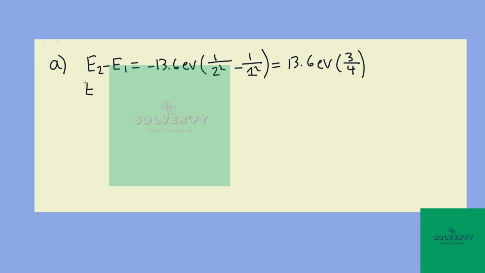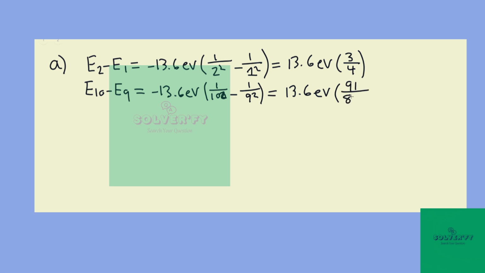Similarly, for the difference between the 10th energy level and the 9th energy level, we have negative 13.6 eV times 1 over 10 squared, so 1 over 100, minus 1 over 9 squared. Let's explicitly show that, which will give us 13.6 eV times the fraction 91 over 8,100.